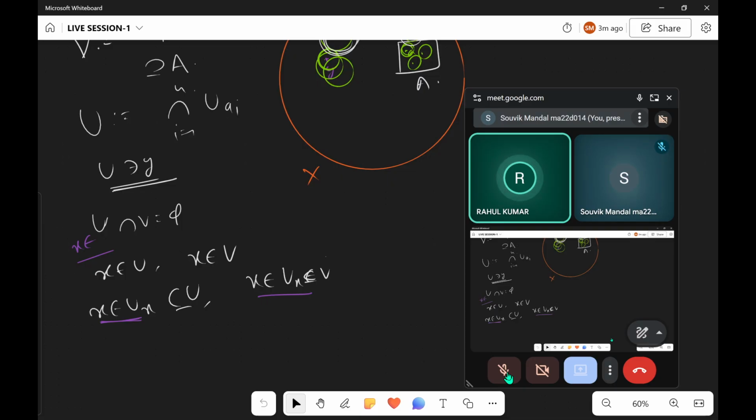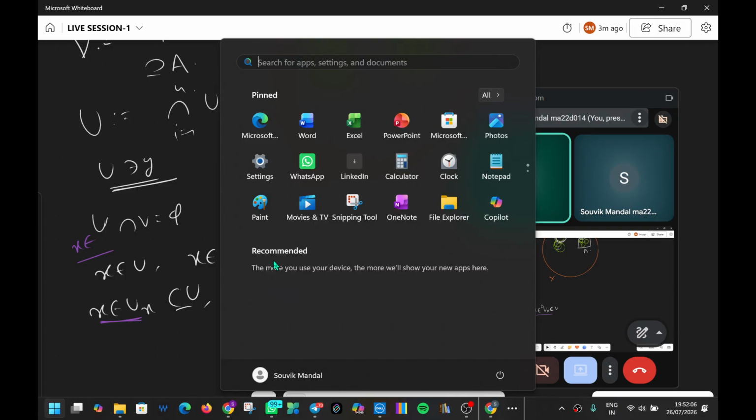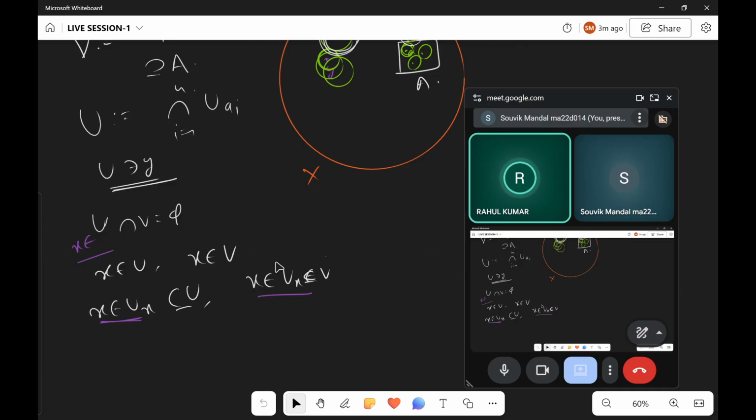So can we say like this? X belongs to the intersection of the U_αi and X belongs to the intersection of the V_i. As there may exist some U_αi which intersection with V_i is empty.